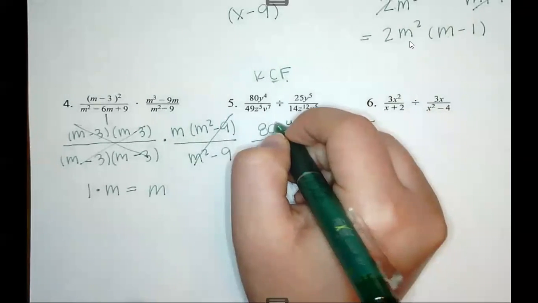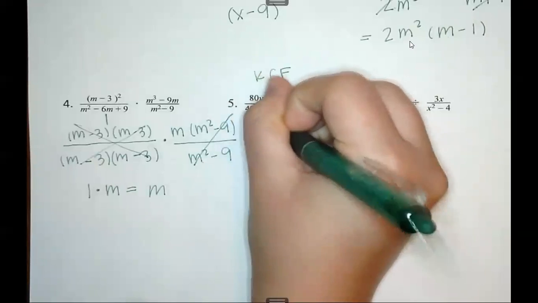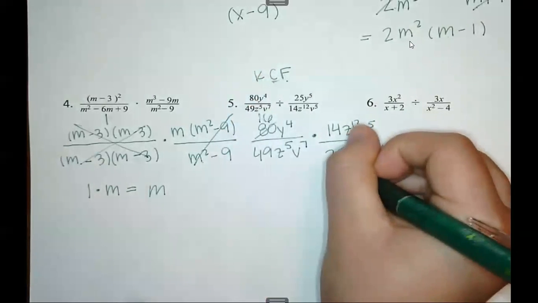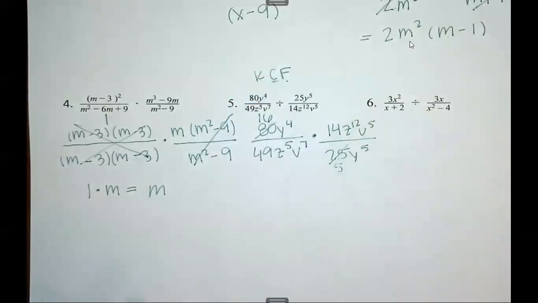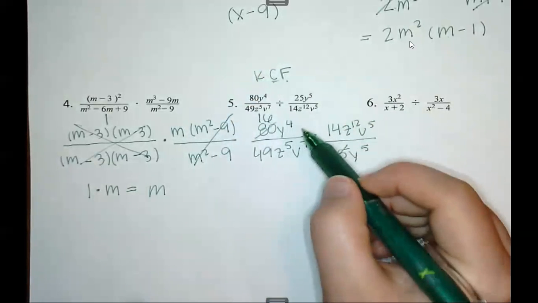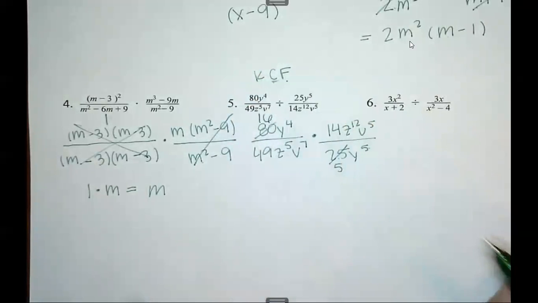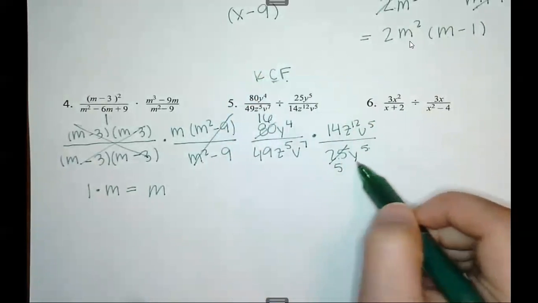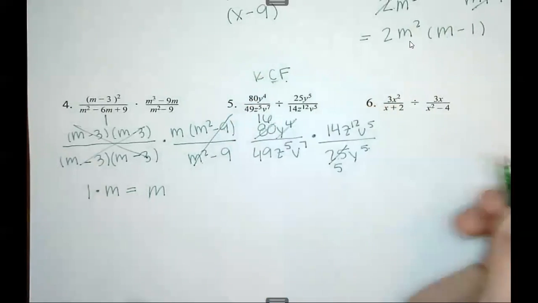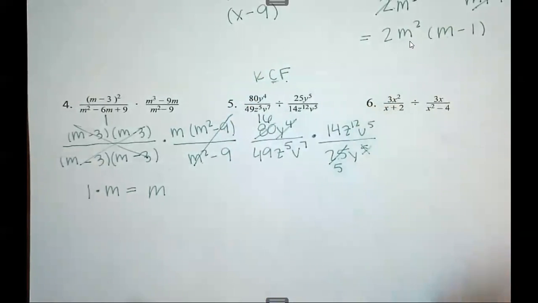So if I divide 80 by 5, it becomes 16. If I divide 25 by 5, it's going to become 5. All right. Then if I subtract exponents here, 4 minus 5 is negative 1. I don't like negatives, so I'm going to leave it in the bottom. So this all went away, and this just became 1y, y to the 1st.